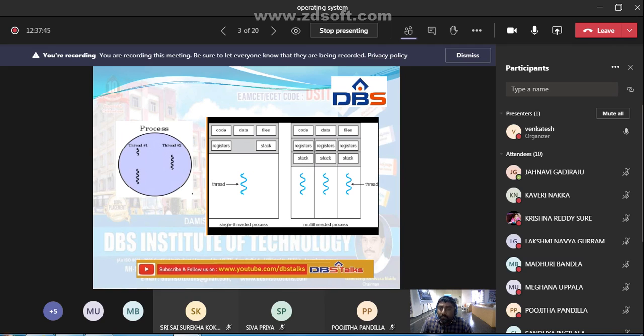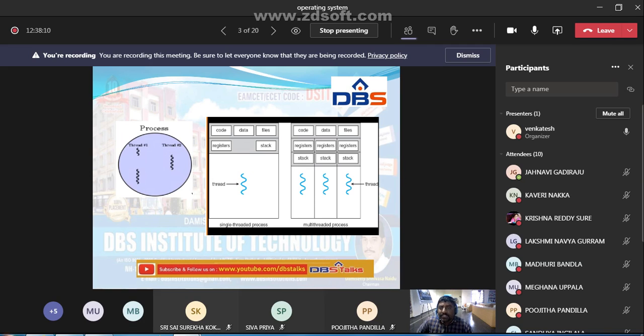If you take the process, we have a code area, data area, stack area, and registers. In the multi-threaded process, here also we have the same register area, stack area, data area, and code area. Here a process may contain a single thread, and here a process may contain multiple threads.